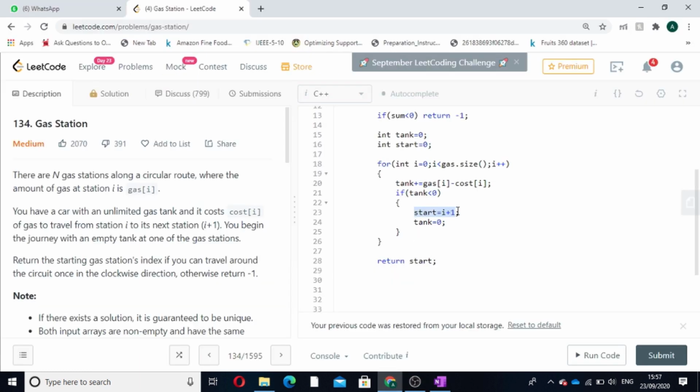Since I have initialized my start point with i plus 1, the tank capacity will be initialized to 0 again. So this was the entire case, and after the loop, the value in start will be the final answer. So this was the whole code.